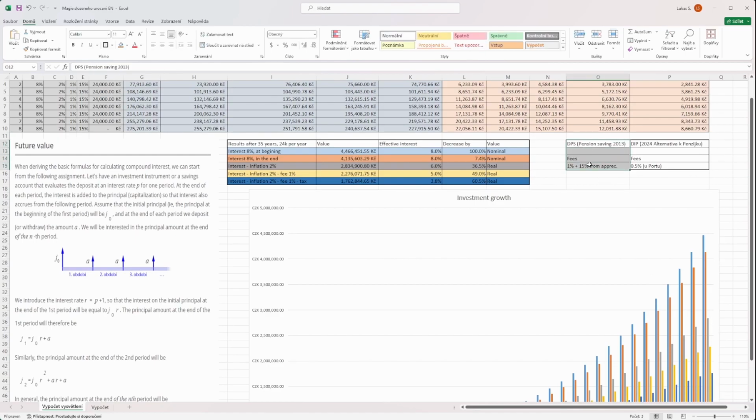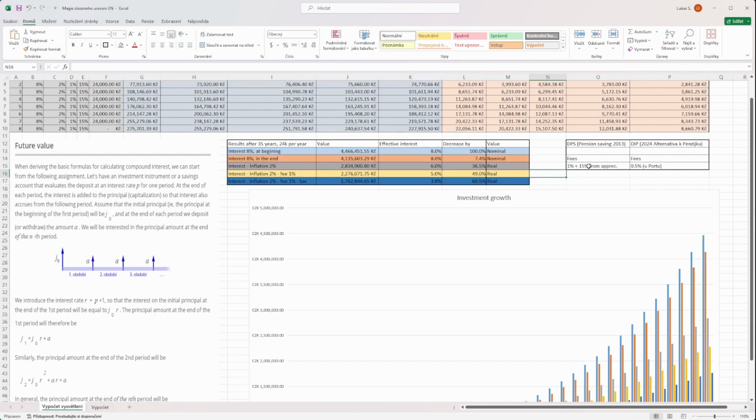Currently in Czech Republic, the only thing which we were able to use besides investing directly into exchange traded funds and so on, if we wanted something which is state secured and state supported, was pension saving.